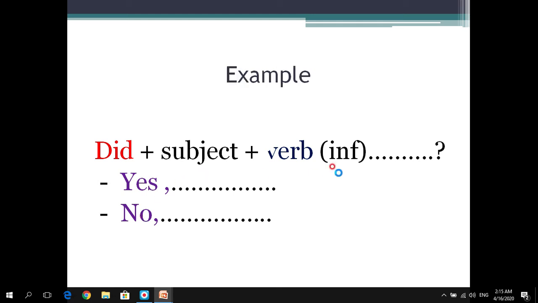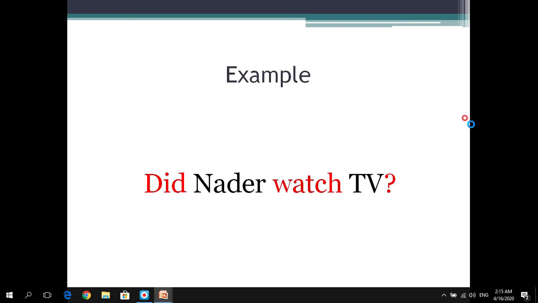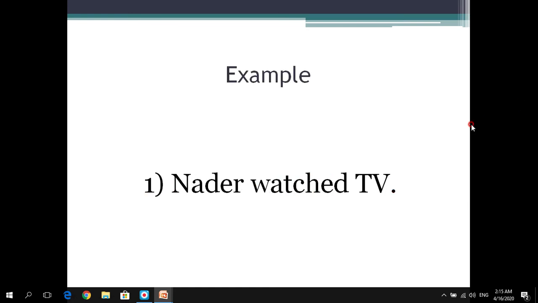Let's have an example. This one, Nader watched TV. Nader here is a subject. Watched, this is a verb. And TV, this is an object. So when we change into question, we start with did at the beginning. After that, the subject, Nader.